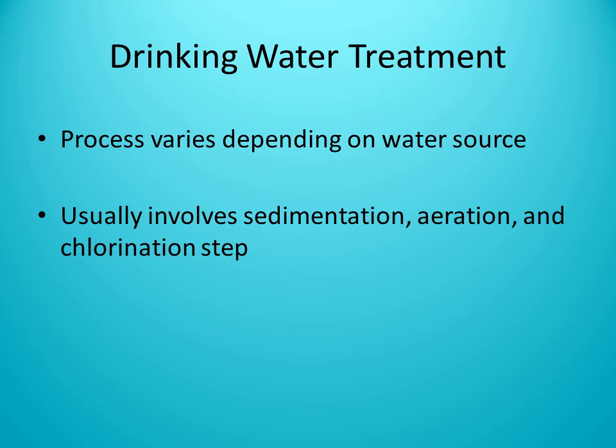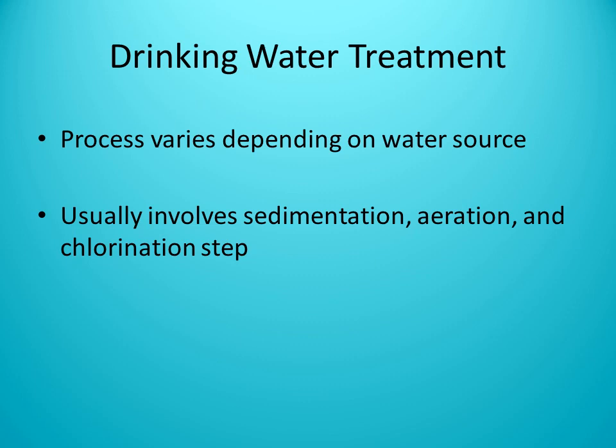Drinking water treatment process usually will involve microorganisms to some point. You're going to vary the treatment depending on what your water source is. Usually in any type of treatment facility, first there's going to be some sedimentation process where anything coming in, large objects, are allowed to settle out.